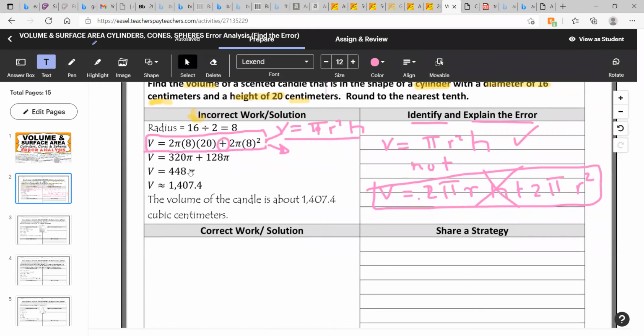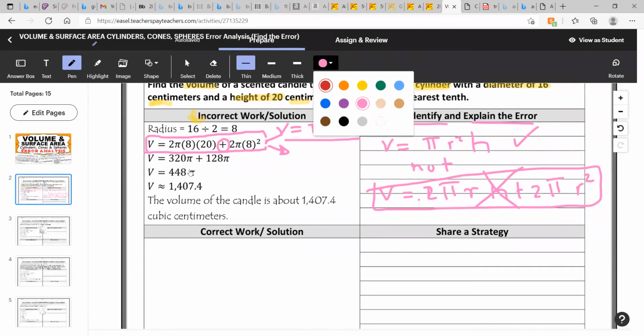So the correct solution should be, we know the volume of the cylinder is pi radius square height.